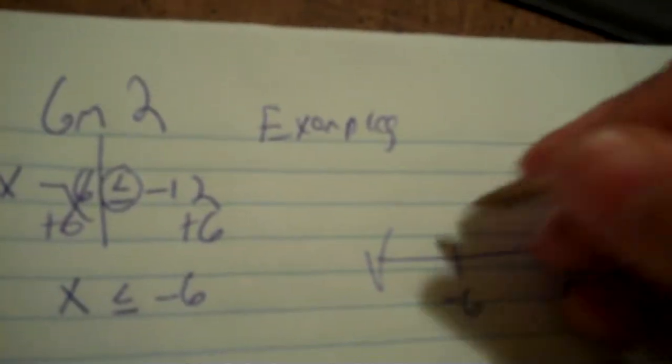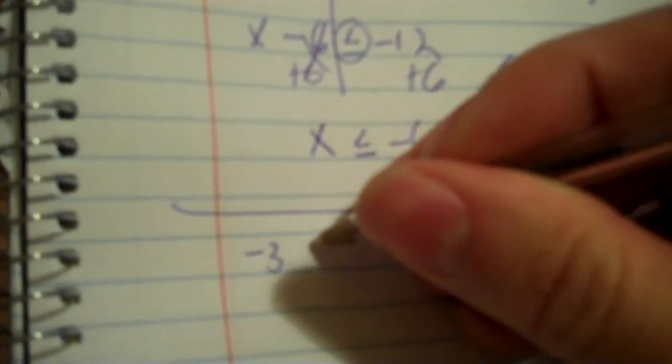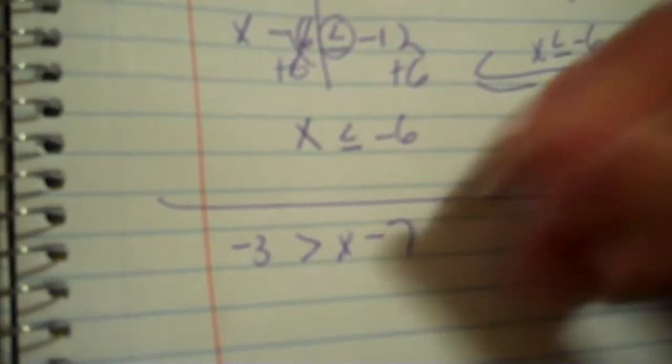So I go negative 6, I circle, I'm going to fill in the circle. And it's opening towards the number, so it's headed that way. So I just put it right there.